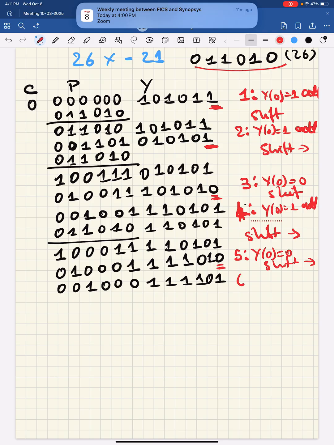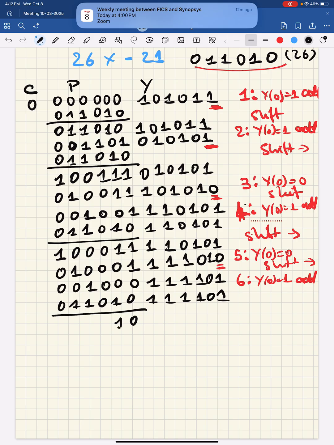Since we had 6 positions, 6 iterations, y0 is equal to 1. So we'll add the x to the partial sum. Adding the x to the partial sum gives us here the 0, 1, 1, 0, 1, 0, and then 1, 1, 1, 1, 0, 1. So the result of this is 0, 1, 0, 0, 0, 1.